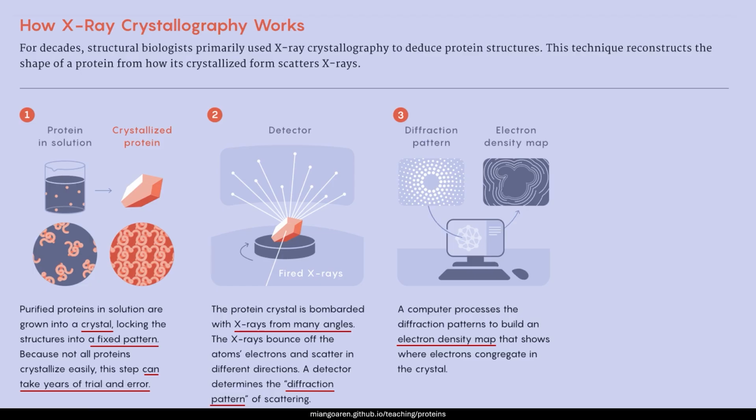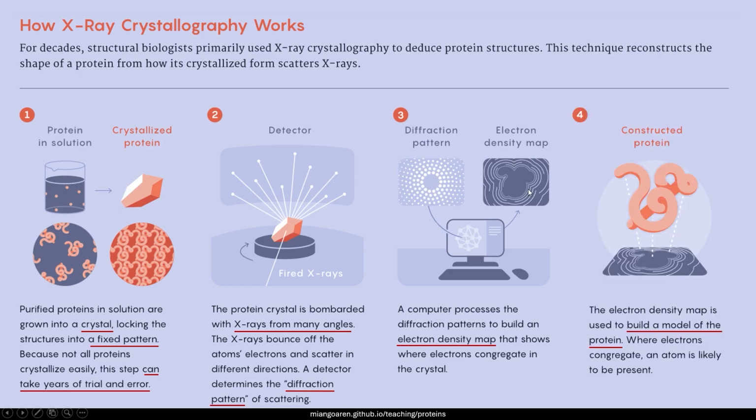And so we build these density maps. And from these density maps, we can determine each of the atomic positions on the X, Y, and Z axis of each of the atoms that contribute to the protein itself. And with this, we come to the construction of a protein model. This is how X-rays work.